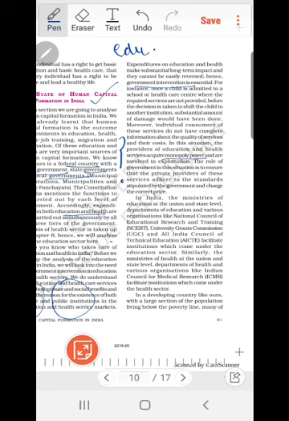There are different agencies of government that look after education and health in India. Coming to education, we have Ministry of Education, followed by Department of Education and specialized agencies like NCERT, UGC and AICTE. For health, again we have Ministry of Health, Department of Health and specialized agency ICMR.